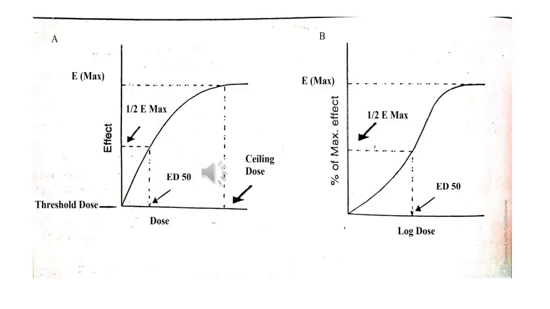Let us try to understand what we have discussed in the last slide. There are two figures in front of you, figure A and figure B. These are simple graphs. Let us have a look at graph A first. It is a simple graph between the dose and effect. On the x-axis we have dose, which we can also call concentration, and it is the independent variable.